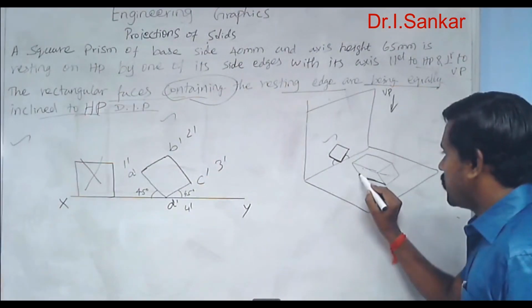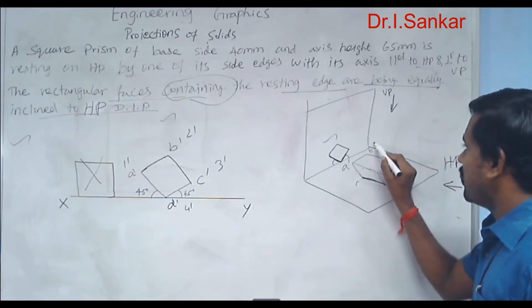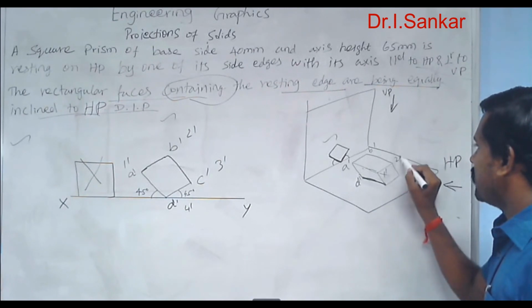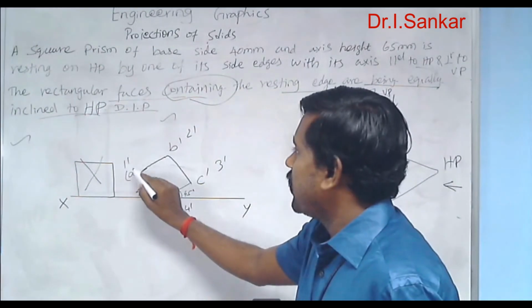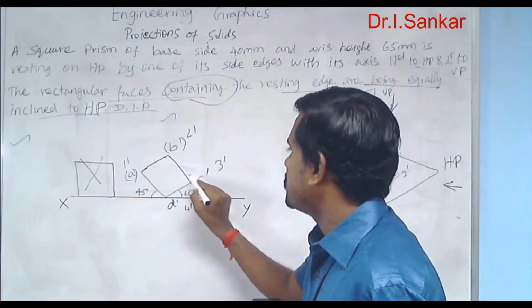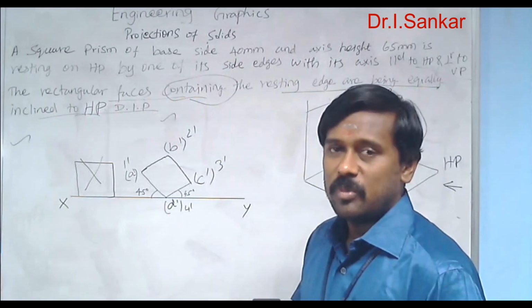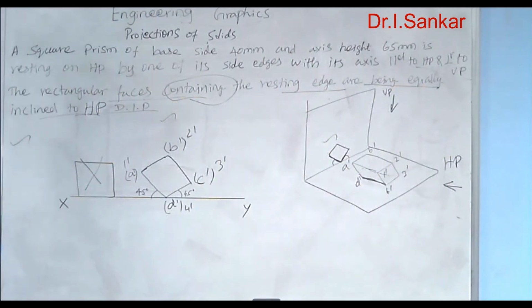I am considering these are all the base corners, and here as face corners. Okay, so I need to put brackets around all the alphabets. In that way you have to mention the name and then draw the projectors from each and every corner.